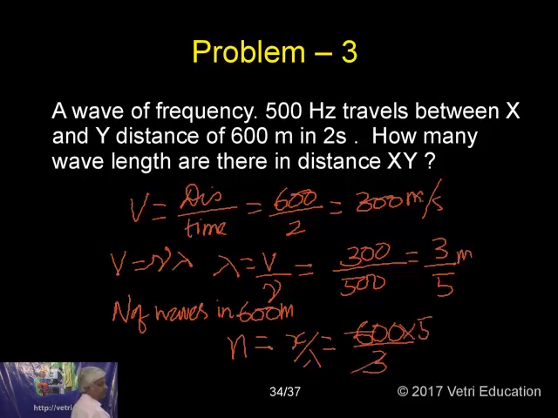So this can be 200 into 5, that is 1000. So 1000 is the correct answer. Number of waves in 600 meter: 1000 waves are formed.